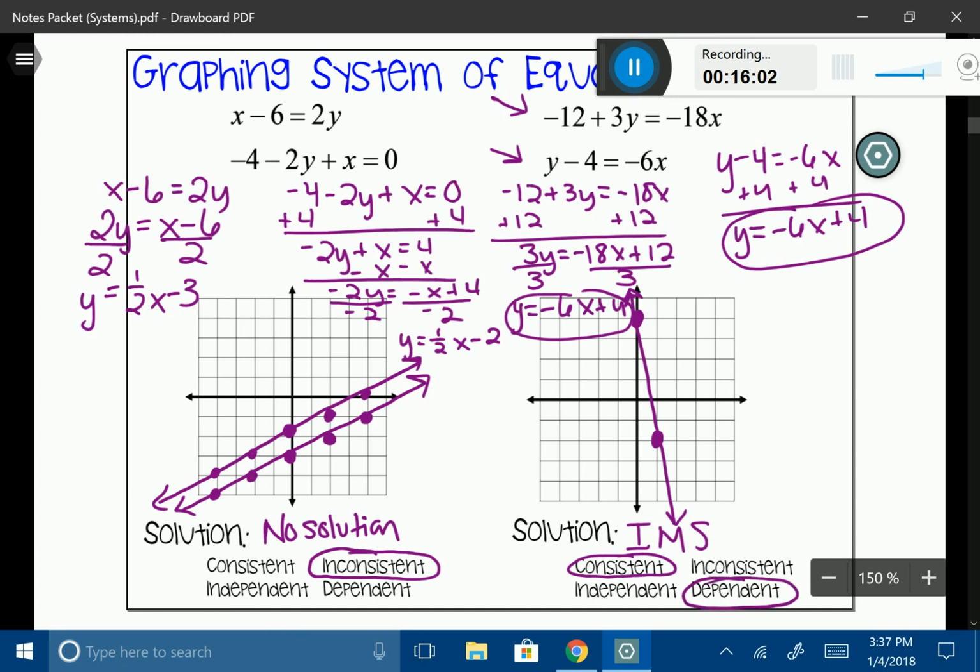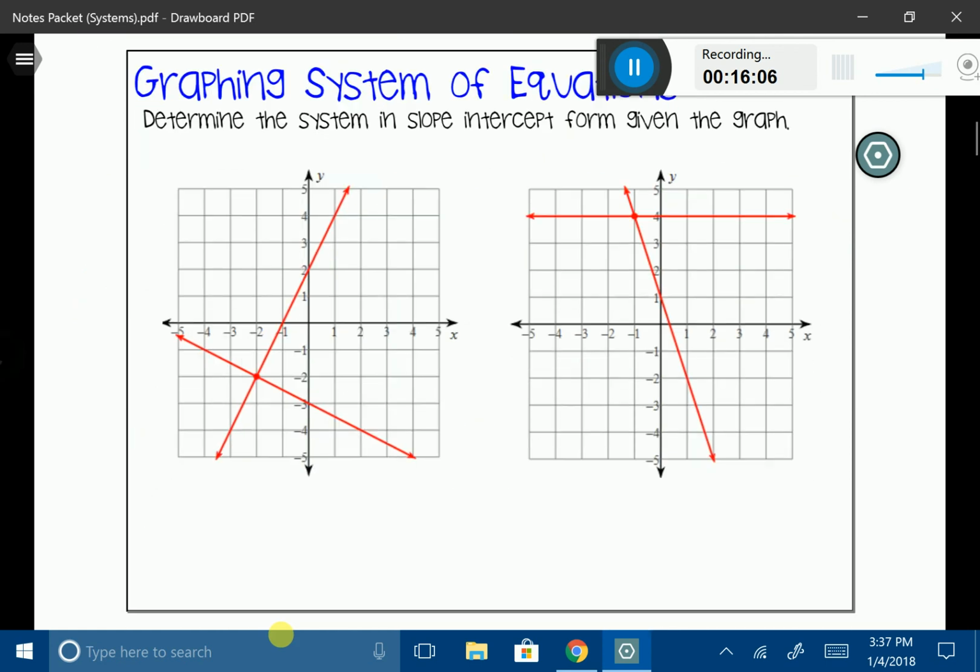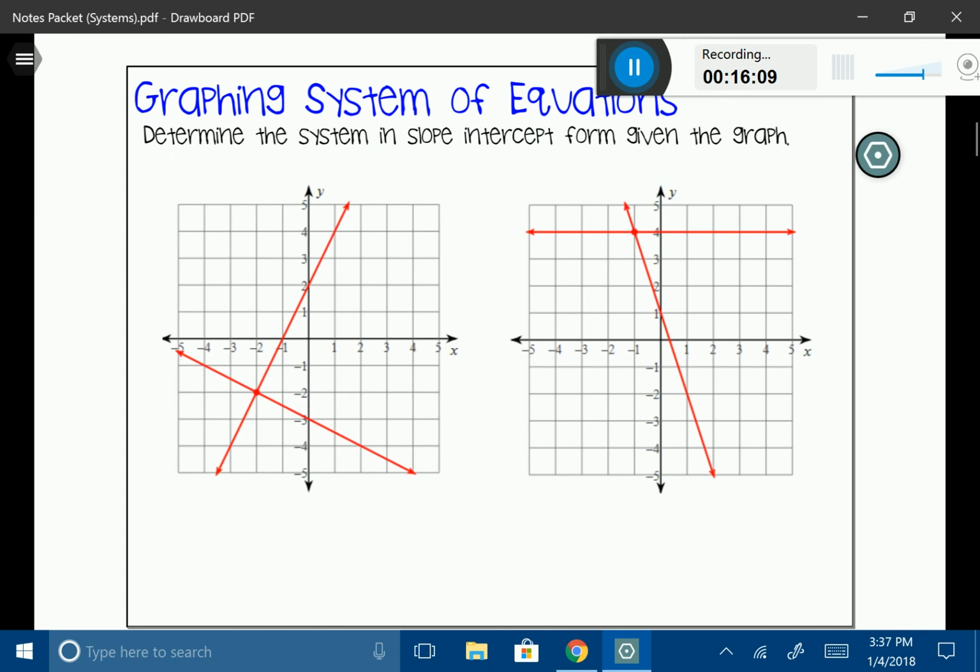All right, let's take a look at one more. Now we're going to go the opposite direction. Now we have a system and we want to figure out what are the two equations that are being represented here. And this is fairly simple to do because we're just looking at a graph and figuring out what are the equations represented. So I'm going to look at this line that I'm putting a star next to.